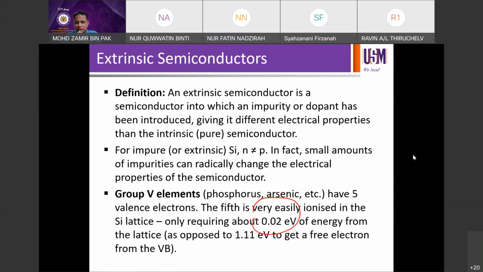Zohan? If the dopants are not electrically active in the lattice? Fada? What happens if the dopants are not electrically active? It will become an insulator.